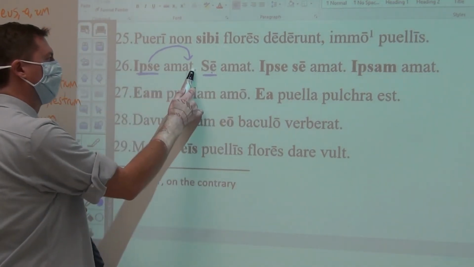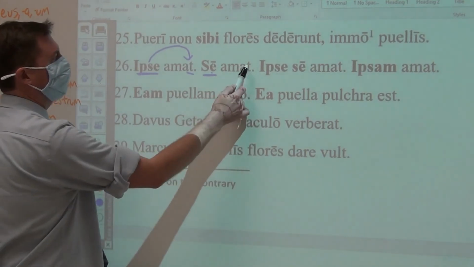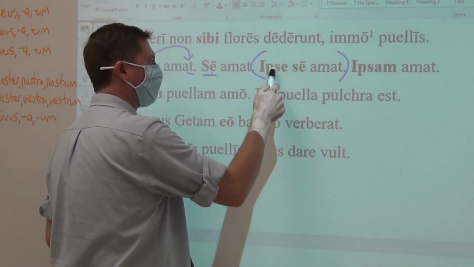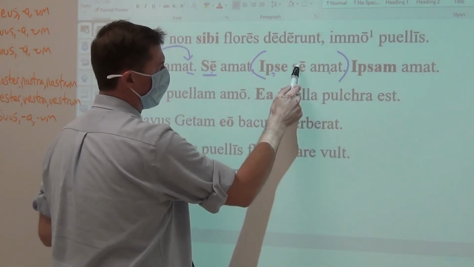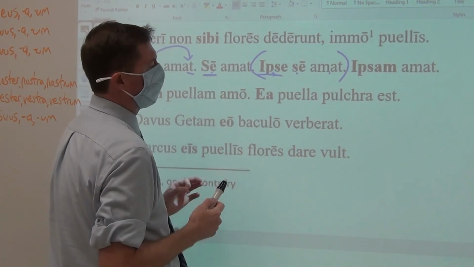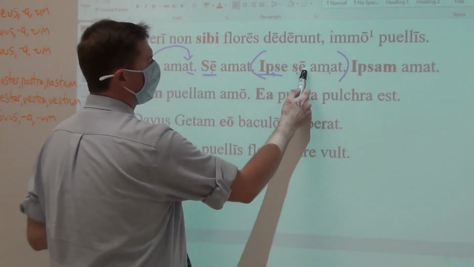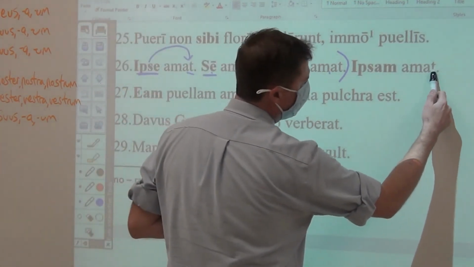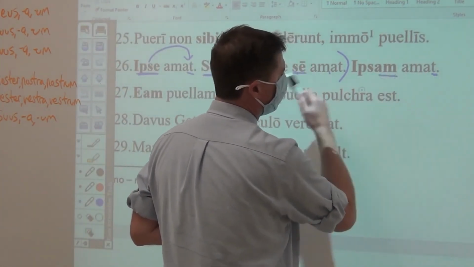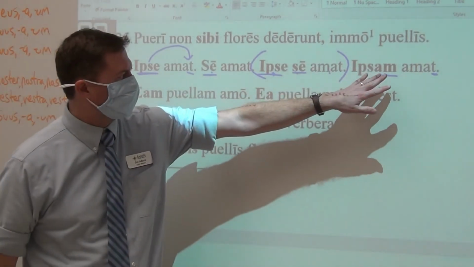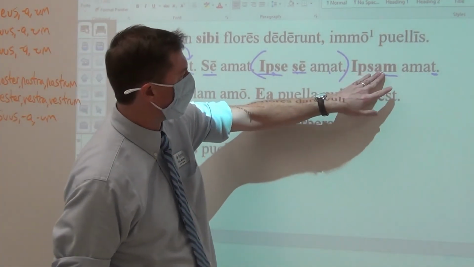He himself does the loving versus he loves himself. Then I combine the two, and I say he himself loves himself. So ipse, an intensifying adjective, se, a reflexive pronoun. And he, she, or it loves herself, and thus it is intensifying our understood object, her, herself.